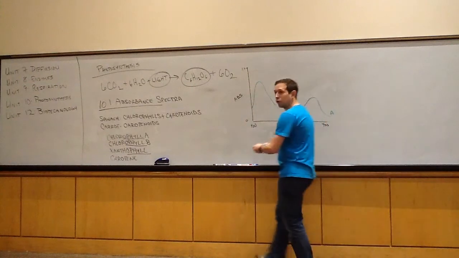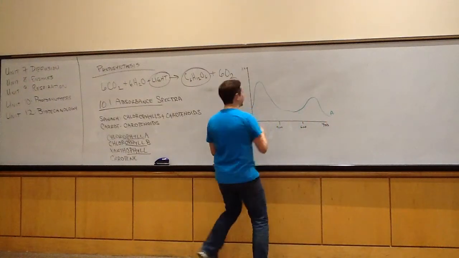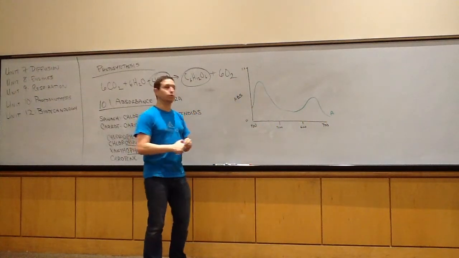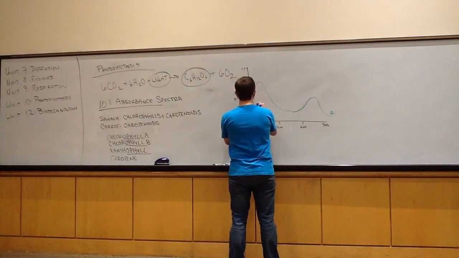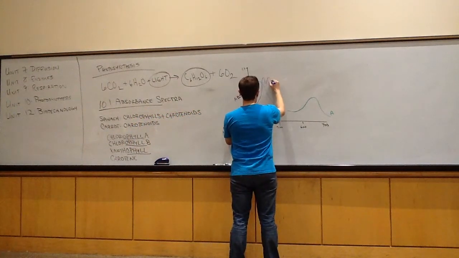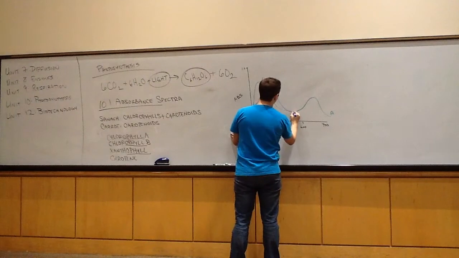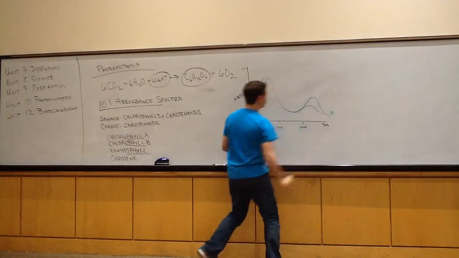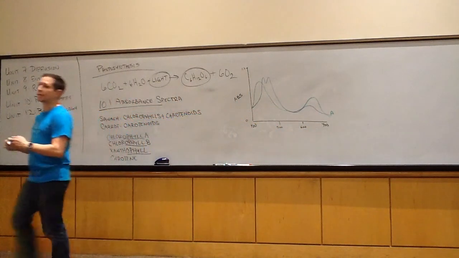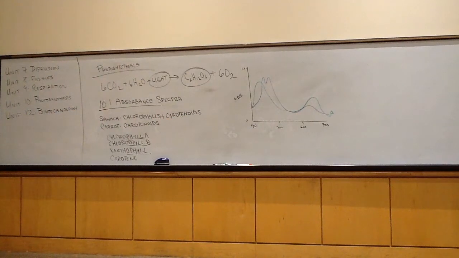Now chlorophyll B is going to expand the absorbance spectra. So with B, I'm going to see this, but it again is going to plummet when I get over towards green, and it's going to also have a peak in the A and B range.